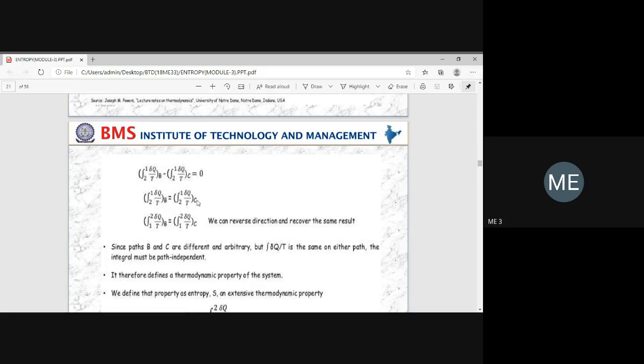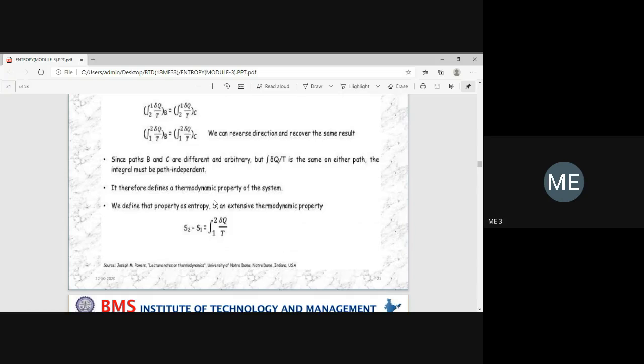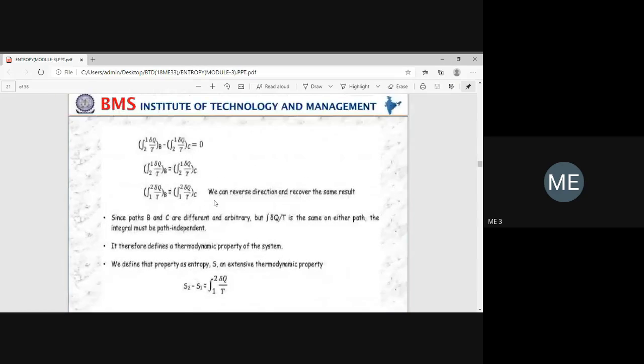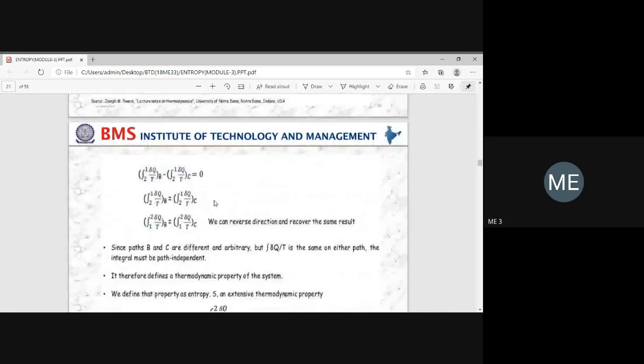So by these two equations, it is clear that entropy is independent of the path followed. Either you take path B or path C, the magnitude remains the same.